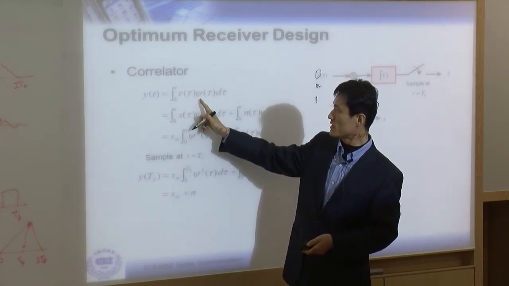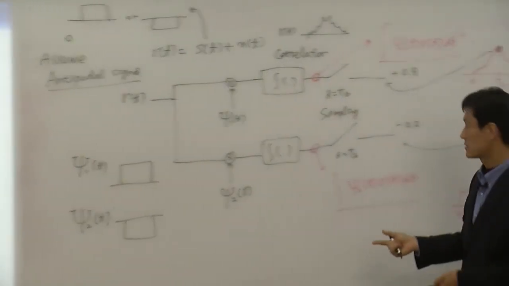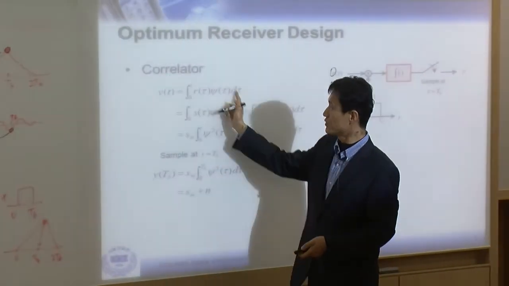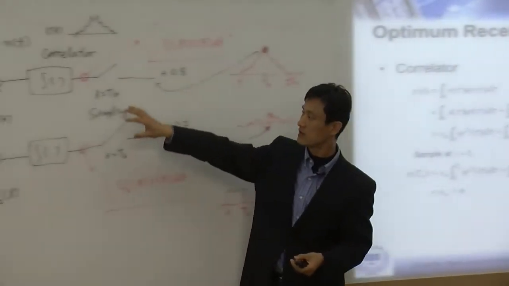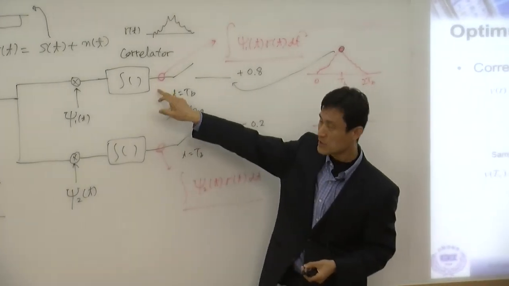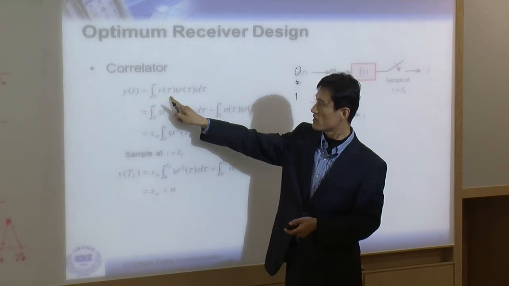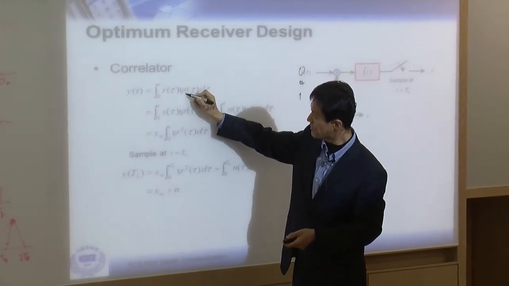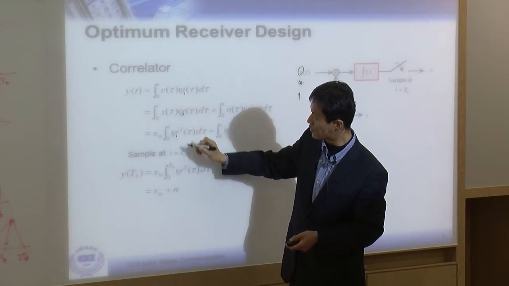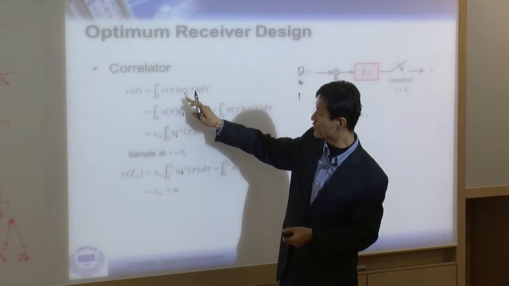And psi is our perfect signal, this one or this one. We have two correlators, and in each correlator we are doing this calculation. We receive r(t) and calculate the correlation with phi 1, and we have another correlator for phi 2.